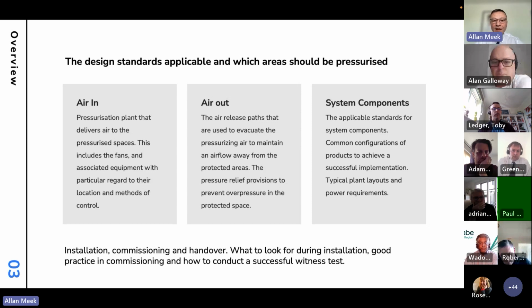We then, almost as importantly, need to get it back out again. And then we look at the standards for the system components and what you need to look for there. And then we wrap up with good practice in installation, commissioning and handover. And throughout, I've tried to identify the areas where you can find more information, so relevant clauses in the standards and codes of practice, which should help you in the future when you need to find something quickly.